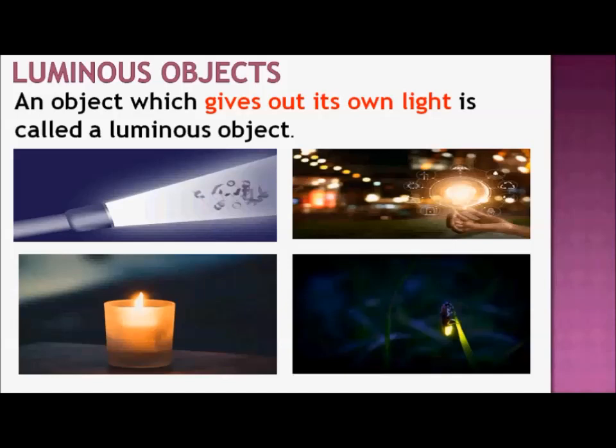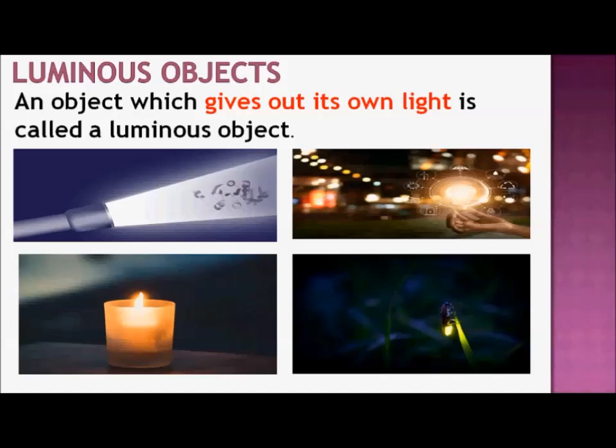How? A luminous object can be seen because the light given out by it enters our eyes. For example, we can see the sun because the light given out by the sun enters our eyes.